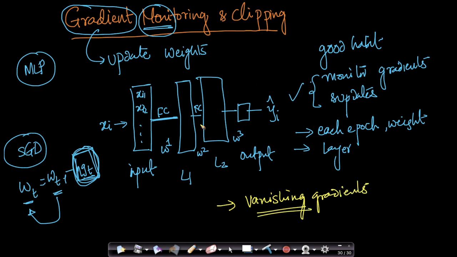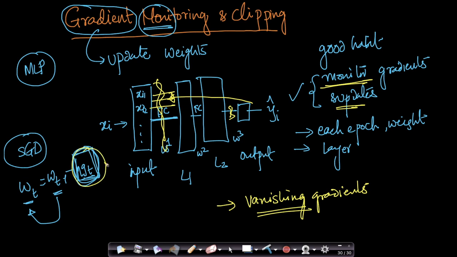And vanishing gradient happens more often in the early layers, because for the final loss function, for the whole weight to backpropagate, there are lots of multiplications of derivatives, all of them less than 1. So you might end up with a vanishing gradient problem for weights in this region, and not so much in weights here. And hence you should always monitor your gradients and the whole update itself.